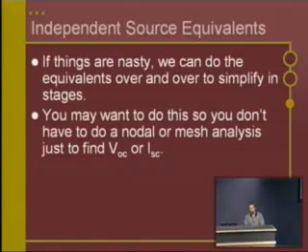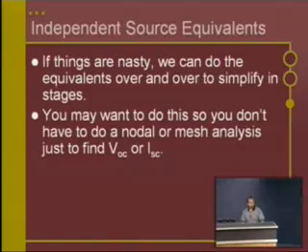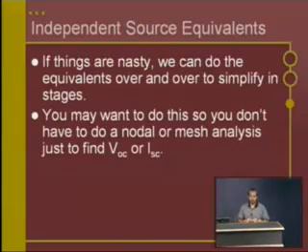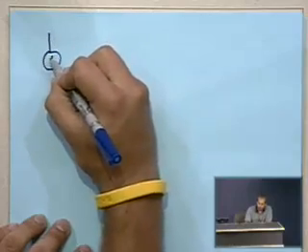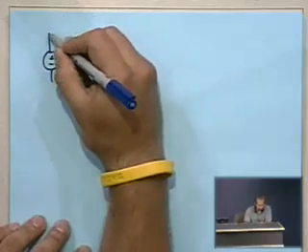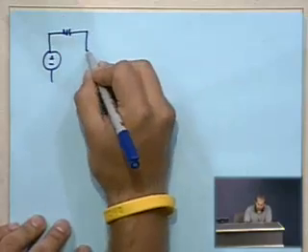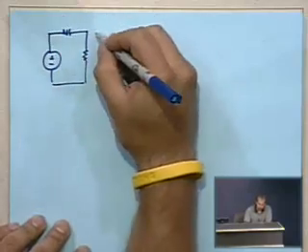It seemed a little convoluted, but I wanted to show you that you can create the Thevenin equivalents in one step. What you do have to do, though, is a mesh or nodal analysis of some kind to figure out what's going on. So let me just show you what that would look like. Our circuit that we were analyzing before looked like this. We had a voltage source and resistor and another resistor.